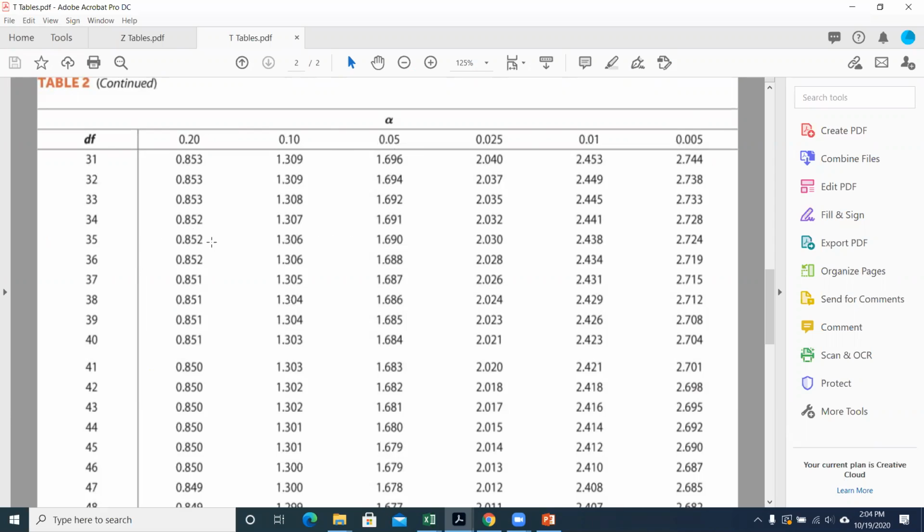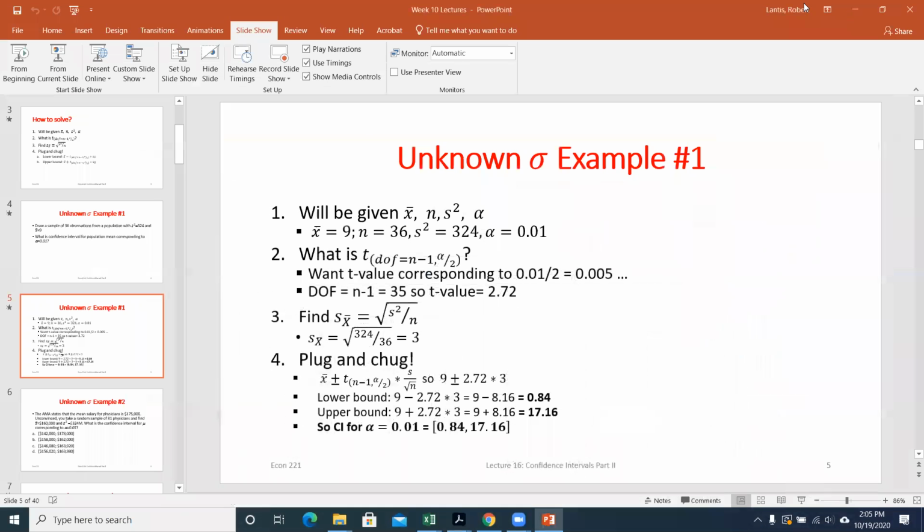The t-value at a degrees of freedom of 35 that gives me 0.005 in that upper right tail is 2.724. Okay? So that's the value that I'm going to use. It's a little bit easier than when we were doing standard normal distributions, because now when I look up alpha over 2, it already instantly gives me the positive value, because it's only looking at that upper right tail. So 2.724, that's going to be the t-value that I use.